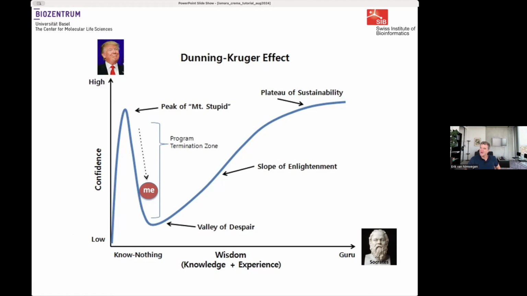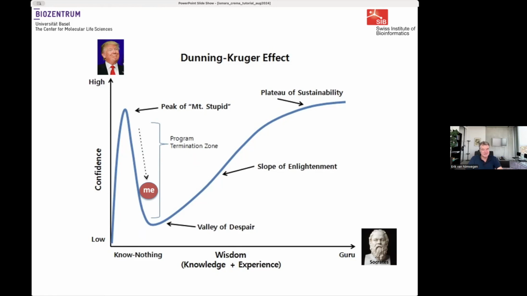And this peak kind of happens when they're starting to get a sense of how large the topic is and how many things there are that they know nothing about, even though they have already studied the topic for quite a bit. And then their confidence will start sharply dropping.